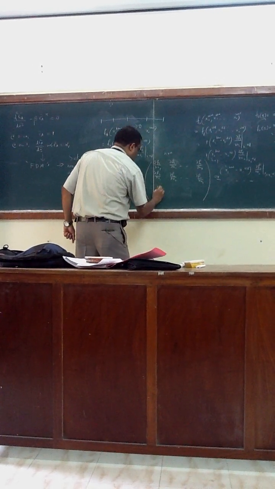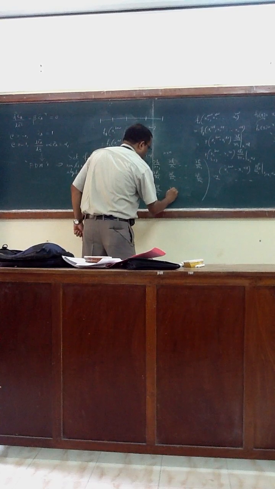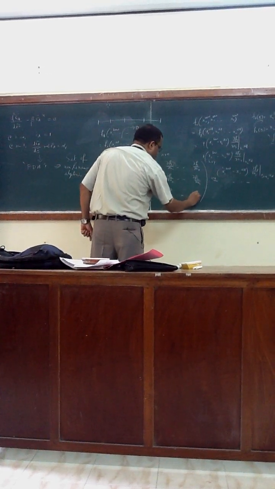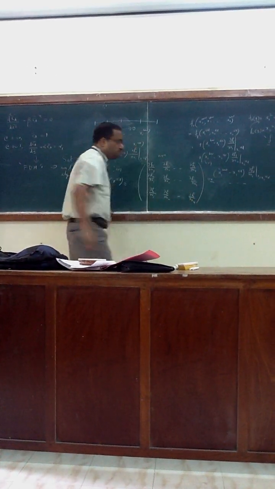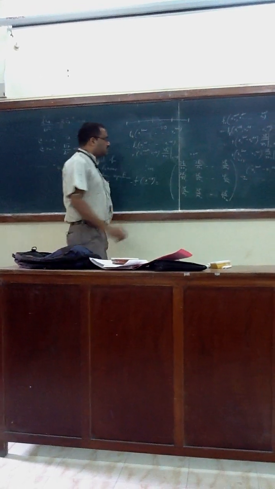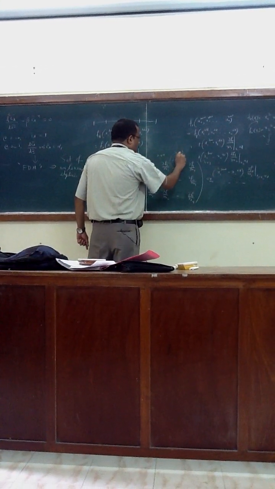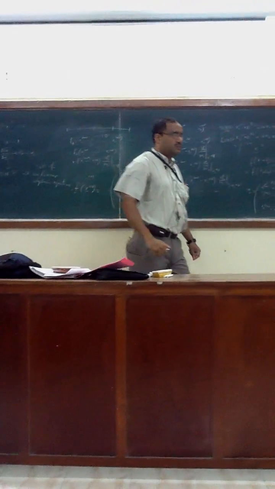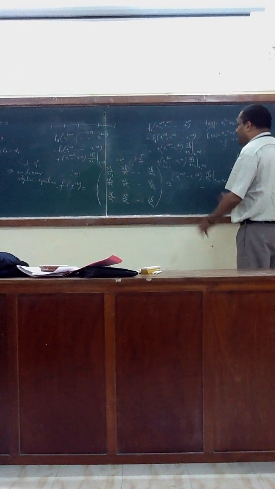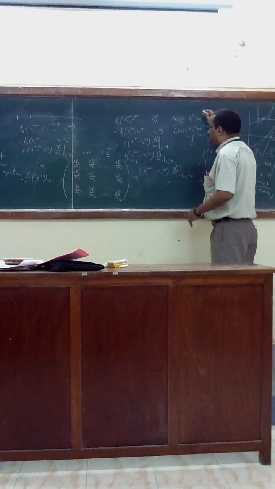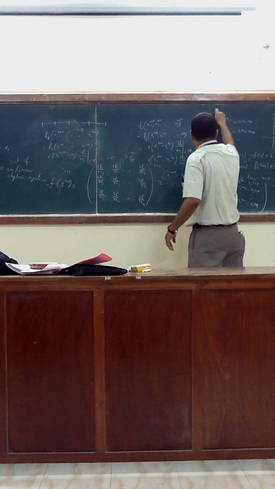The last equation is dou fn dou x1, dou fn dou x2, and dou fn dou xn. This matrix is called the Jacobian matrix, and the vector f is called the residual.